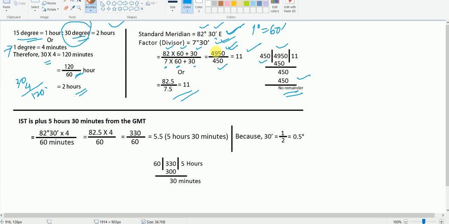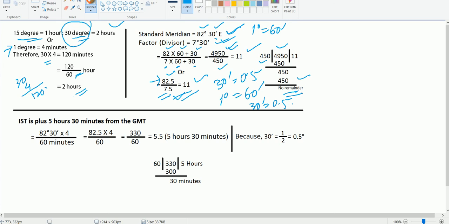You may take this 30 minutes as 0.5, because 1 degree is equal to 60 minutes. That is why 30 minutes is equal to 0.5. So let us assume 82 degree 30 minutes as 82.5 and 7 degree 30 minutes as 7.5. If you divide 82.5 by 7.5, then you will get 11, no remainder. So in this way you can check.